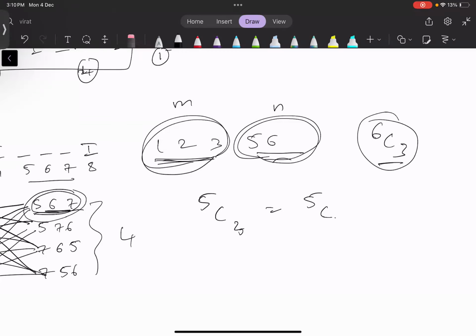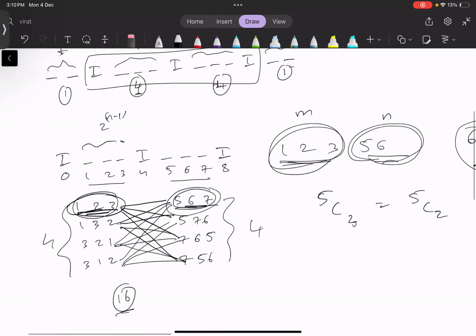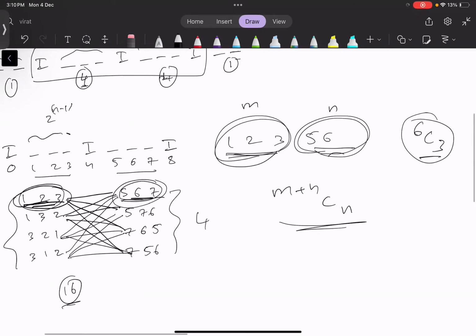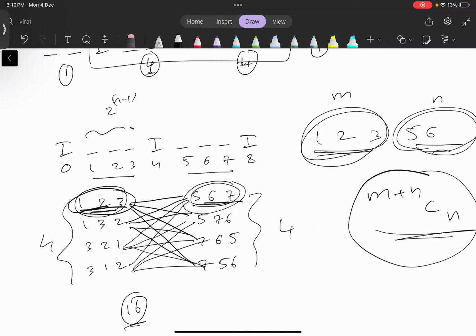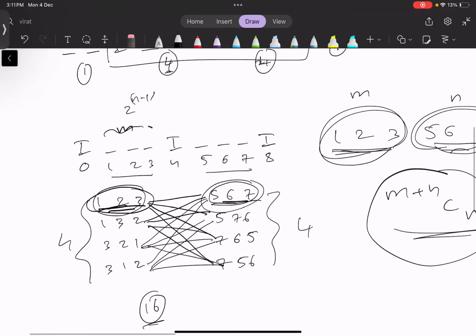Now, let's write the generalized formula again: M plus N C N. This generalized answer applies for the number of possibilities within one of the mappings, right? Which means these mappings will exist. But on top of that, in each mapping, there are M plus N C N ways, considering this is M and this is N.